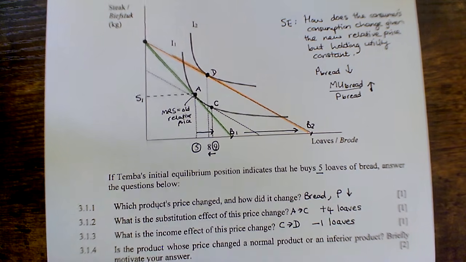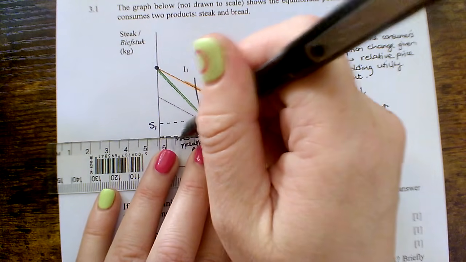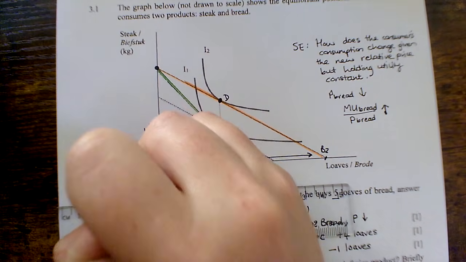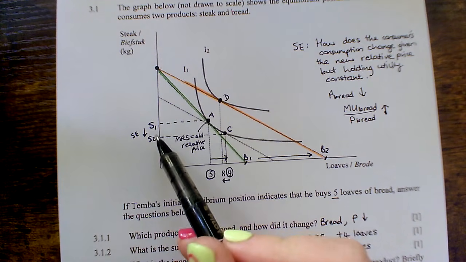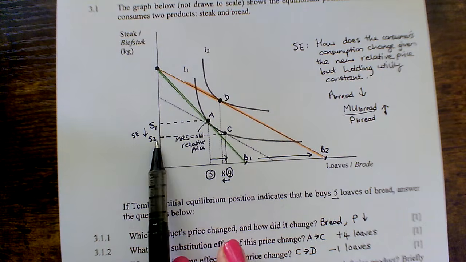I could have also represented my substitution and income effects for steak. So this would have been the substitution effect for steak, which I would imagine is going to be negative. The reason is that if bread is now relatively more attractive to the consumer because its utility is now cheaper, then we would substitute towards bread away from steak.